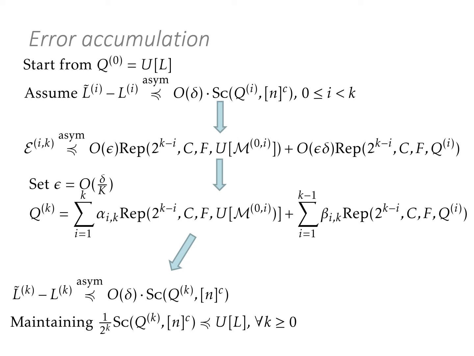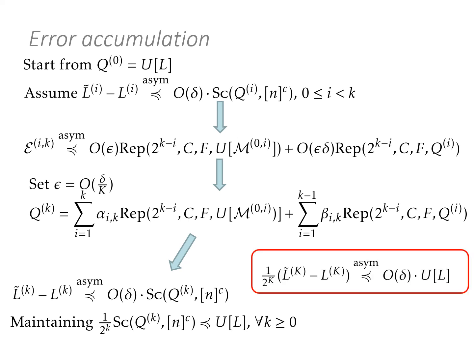So we can bound the short complement of Qk by the symmetrization of L. In this way, we can bound the difference between Lk and its approximation by about O(delta) times the symmetrization of L. Then it will be very easy to see that the difference between the short complement of Lk and its approximation can be asymmetrically bounded by about O(delta) times the symmetrization of the short complement of L. This completes the proof.